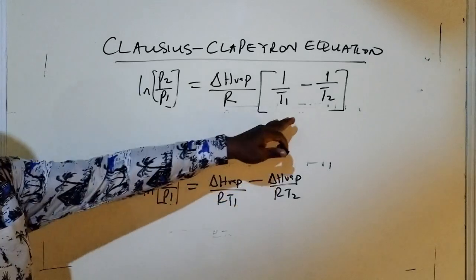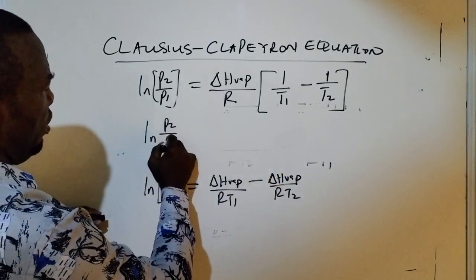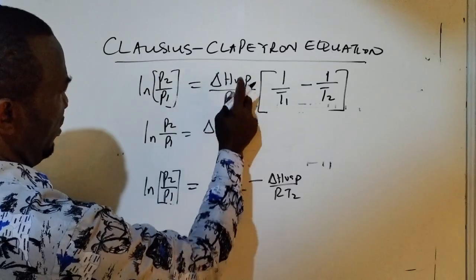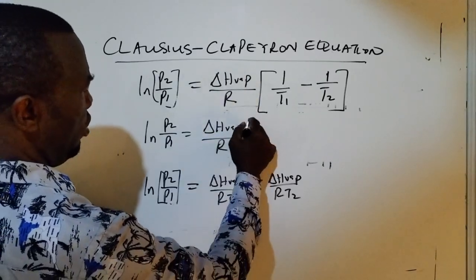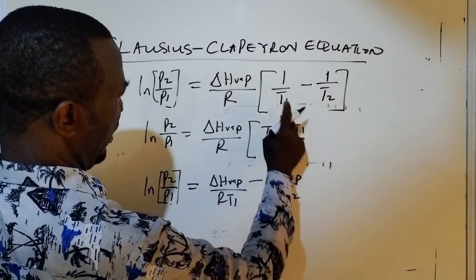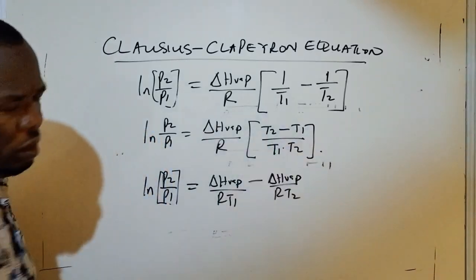So you take the LCM of this side, and you now come to P2 over P1 equal to the molar heat of vaporization over R into T2 minus T1, bringing the two of them under the same denominator, T1 times T2. That is it.